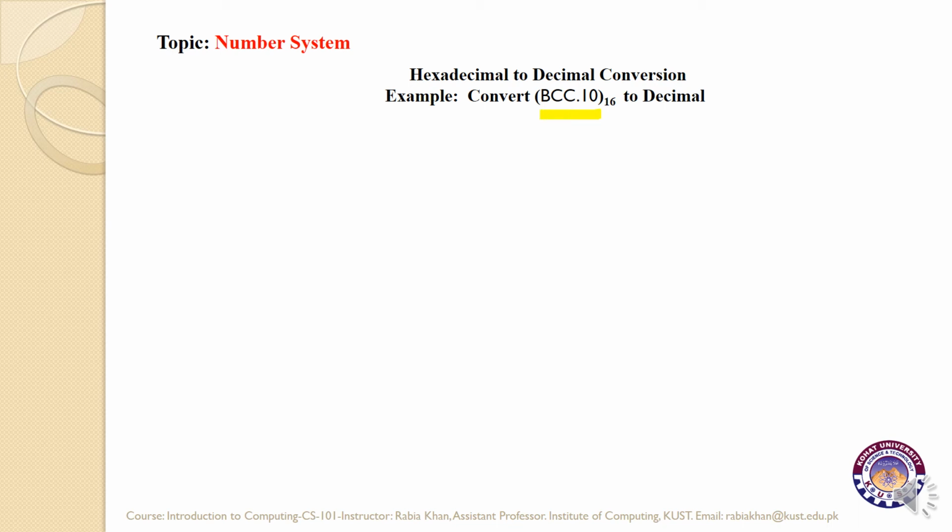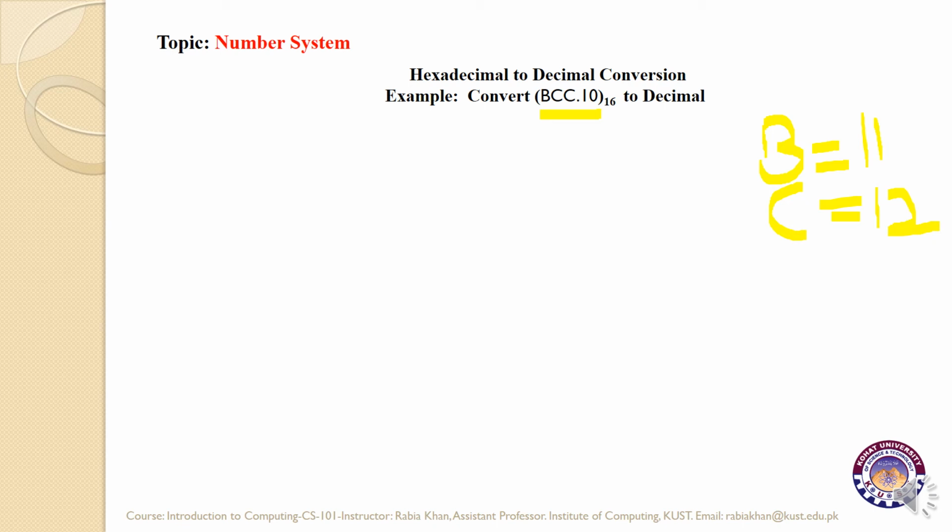The number is BCC.10. Here you can see B is equal to number 11, while C is equal to number 12. But since 11 and 12 are not valid digit representations, they are substituted by the letters B and C.